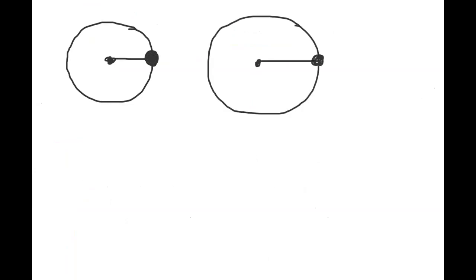Compare this with a larger circular path, with a center here; this is the radius. The masses are the same, but the radius is larger in case number 2. This is 1, this is 2.